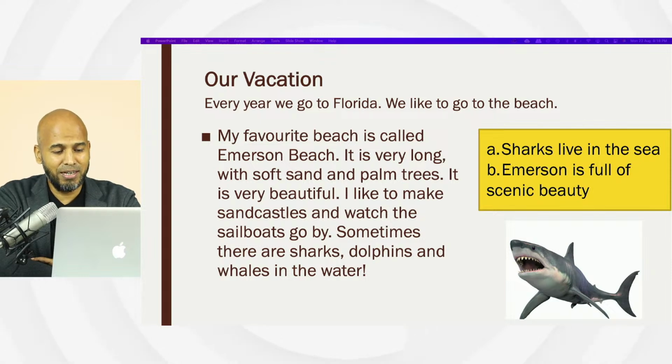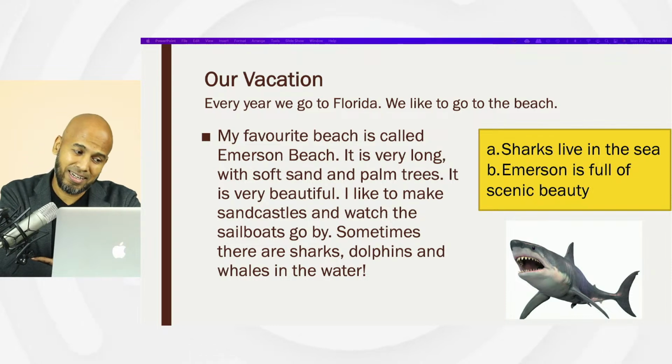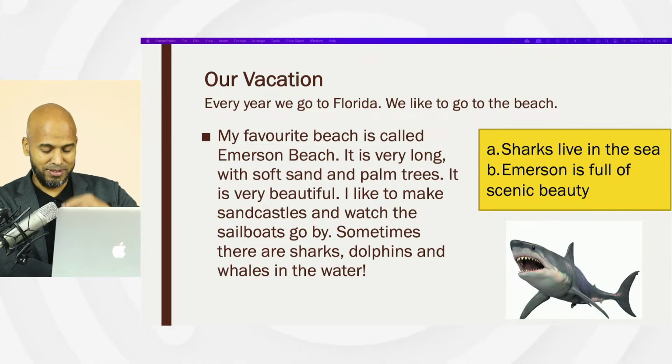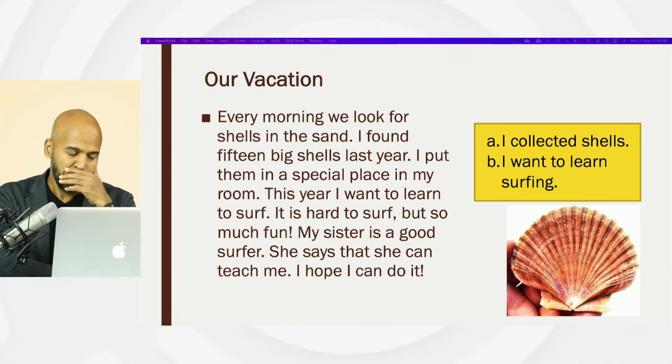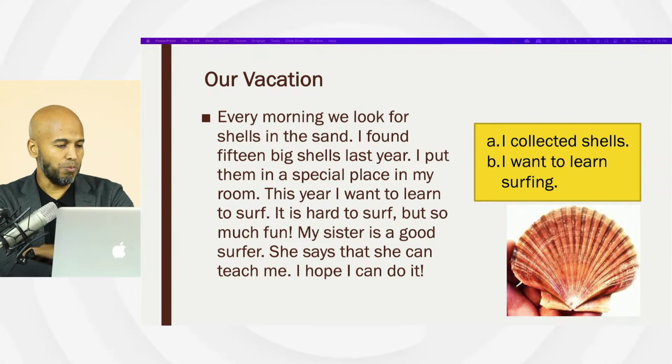Sharks live in the sea, of course, but you need to find whether the statement is in the text. So this is the test of matching information. Okay, let's go to the other one.